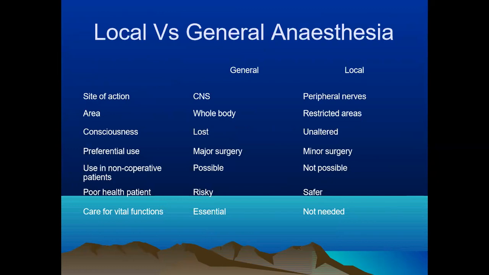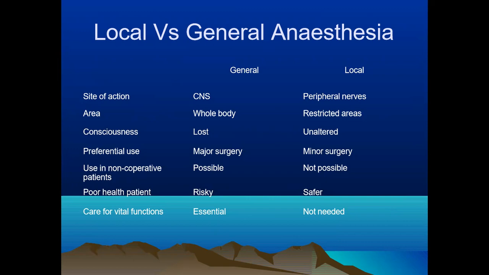So let us check the comparison of local anesthesia versus general anesthesia. In general anesthesia, the site of action is the central nervous system, whereas in local anesthesia it is the peripheral nerves only. So the area affected in general anesthesia is the whole body, and in local anesthesia it is restricted to a specific area of choice.